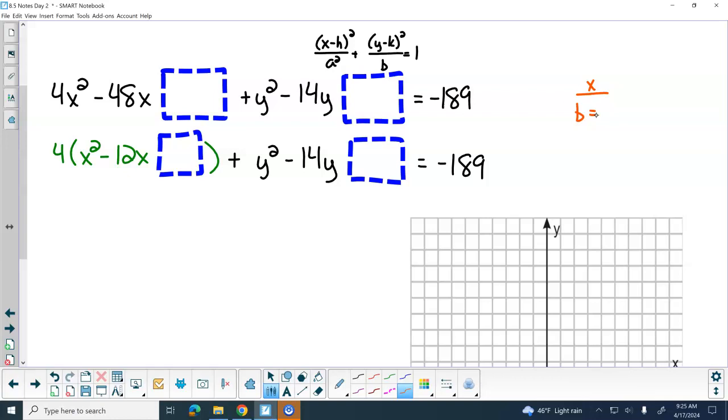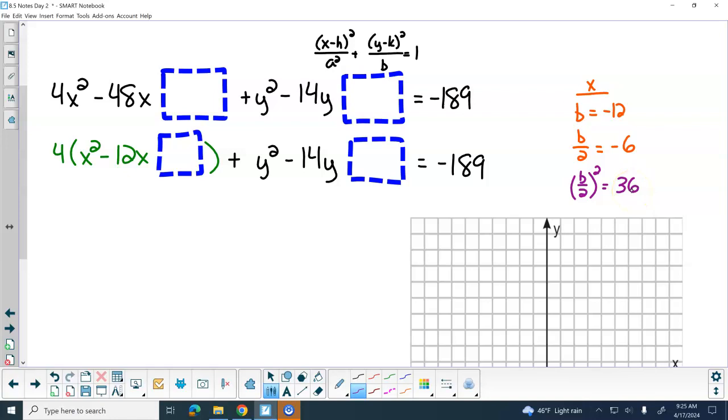Negative 12. So I need to divide that by 2. Negative 12 divided by 2 is negative 6, and I need to square it. Negative 6 squared, 36.